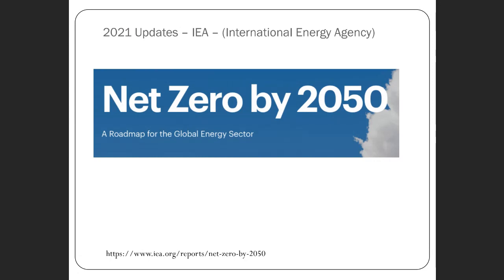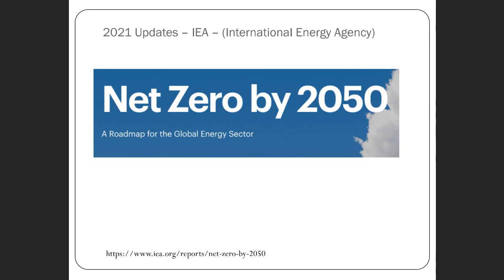Well, this was the International Energy Agency, and lots of other folks have come out with the same sort of thing, right? To stay within that 1.5 degrees Celsius, that is our Paris goal that world leaders have set for us, we have to get to net zero by 2050.